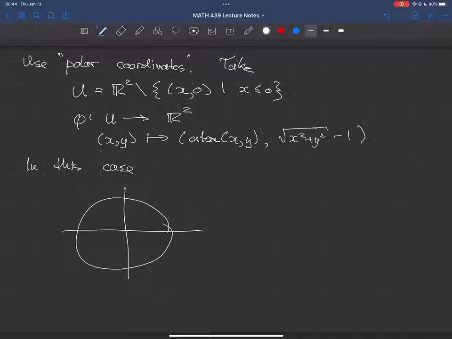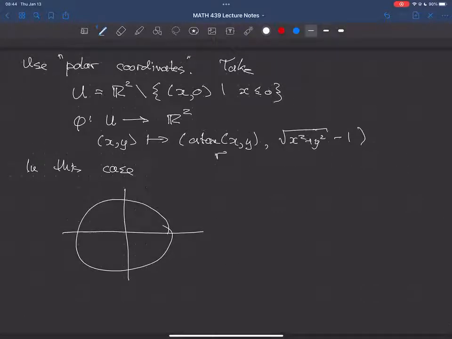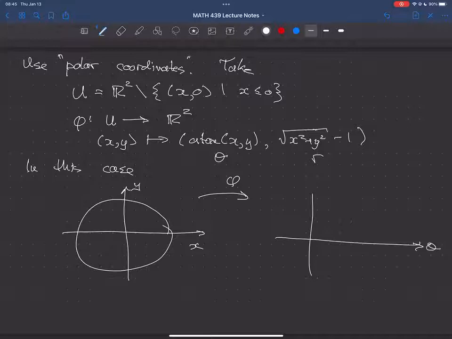And now I'm mapping into, and so I'm going to call this coordinate theta, and I'm going to call this coordinate R. And so I know that my chart map phi is going to map into R2. Okay, and this is the normal R2, which has coordinates X and Y. And then we're going to be mapping into some version of R2, which is parameterized by theta and R.